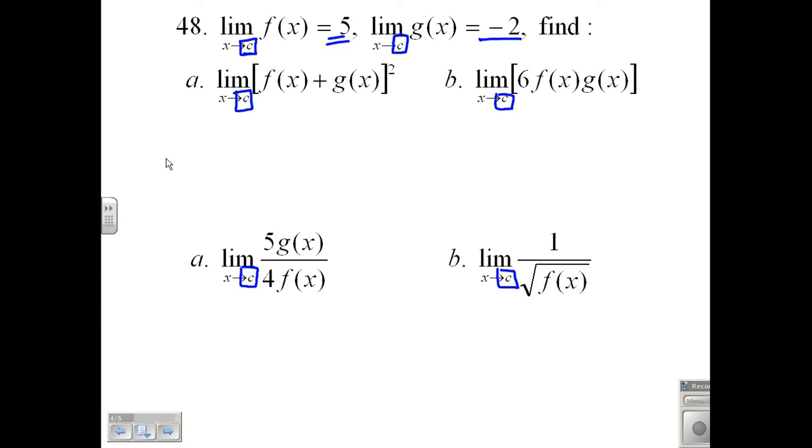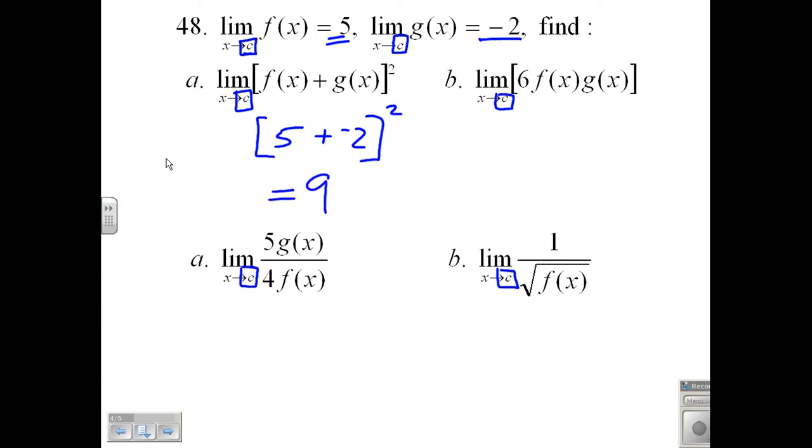That's important. So the beauty of this is, I would suggest if you were to guess this, you would say, well, the limit of f of x plus g of x squared, wouldn't it be nice if that was just our limit of f of x at c, 5, plus our limit of g of x at c, negative 2 squared.